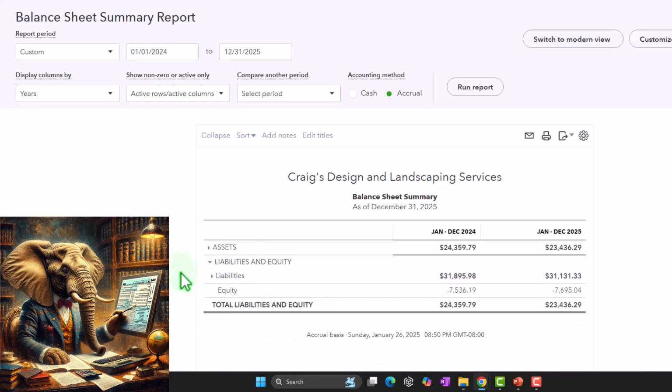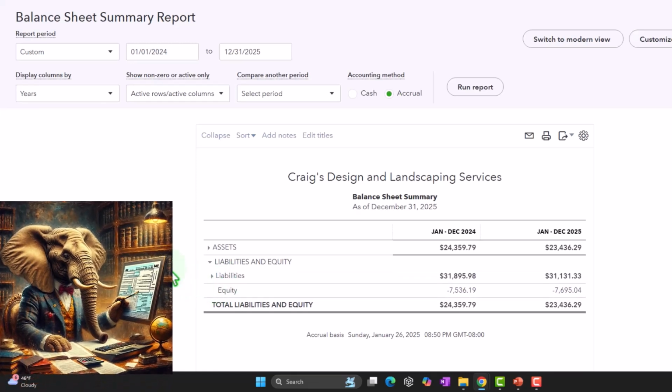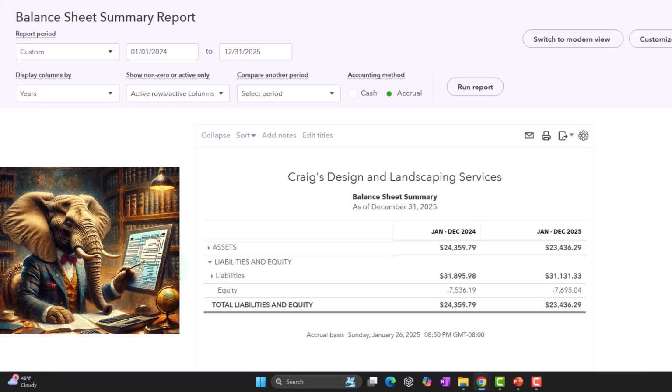So what are the liabilities then? Liabilities are going to be things that we owe to third parties. That's often the bank and possibly accounts payable, other vendors that we owe money to. And then we have the equity, which represents what we, the owners, own in the business in essence.